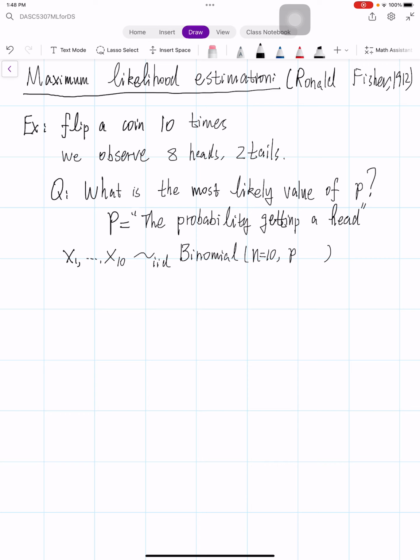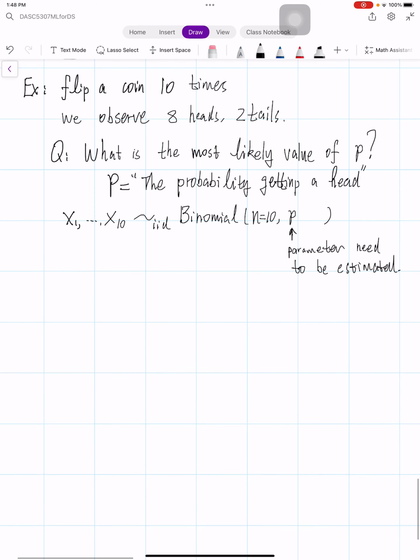The p is the parameter that needs to be estimated. Assume this is our model.